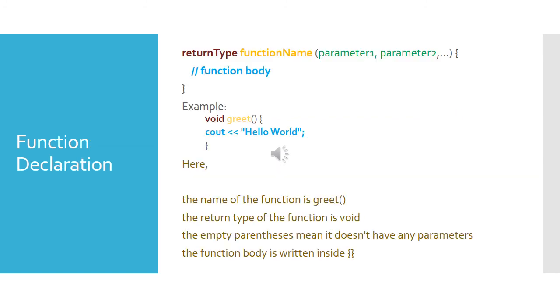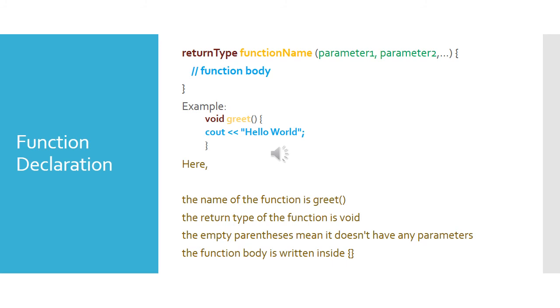So here you will learn how to declare a function. A function syntax is given as follows: first you will write the return type of the function, depending on what kind of data it is going to return, followed by the function name. It's again an identifier, so it has to follow the rules of an identifier.